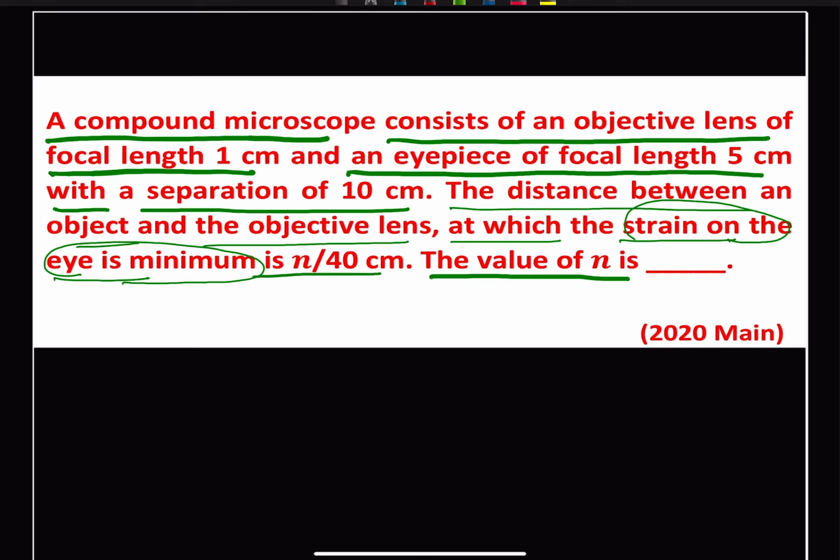It means if you want our strain to be minimum, the final image formed by the eyepiece should be at infinity. We have to remember this part very distinctly. So from here we can say the final image should be at infinity.